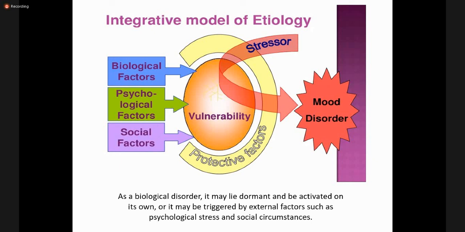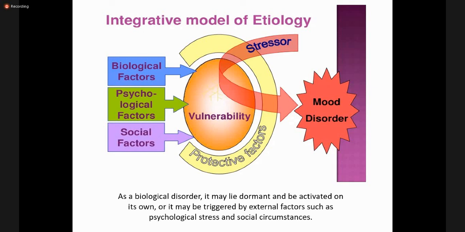So basically, how do these disorders, either mood disorders or psychotic disorders, both of them, arise? In psychiatry, we talk about biopsychosocial factors, right? So in biological factors, we have neurochemical changes, hormonal changes.